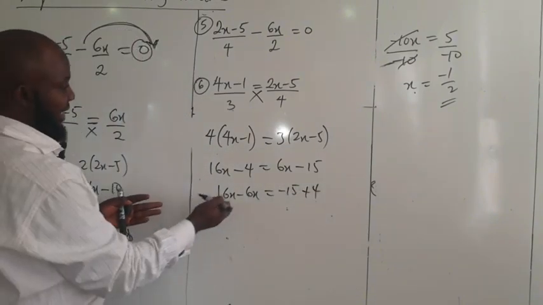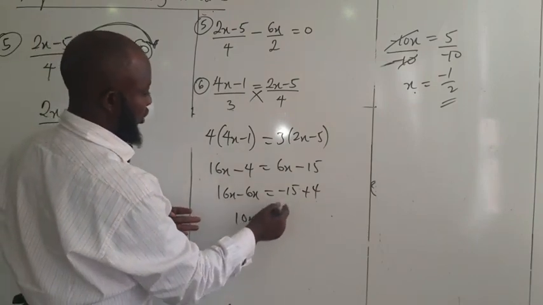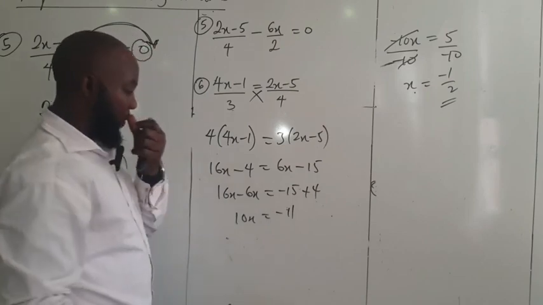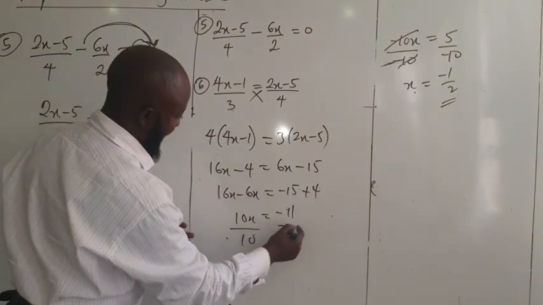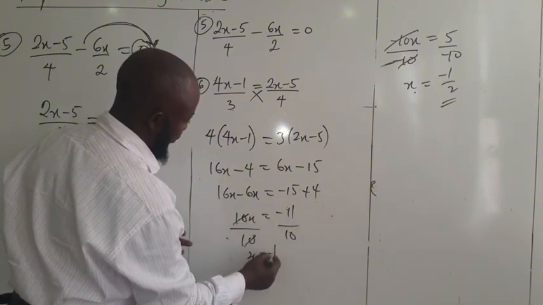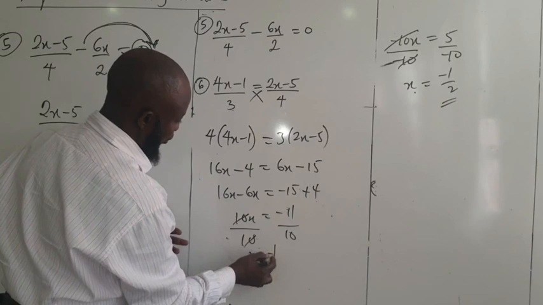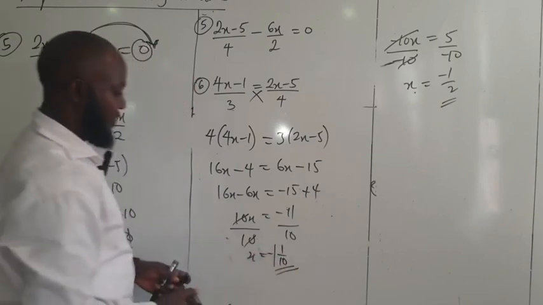So 16x minus 6x gives us 10x equals minus 11. So we divide both sides by 10. Therefore, x equals minus 1 whole number 1 all over 10. That's the value of x.